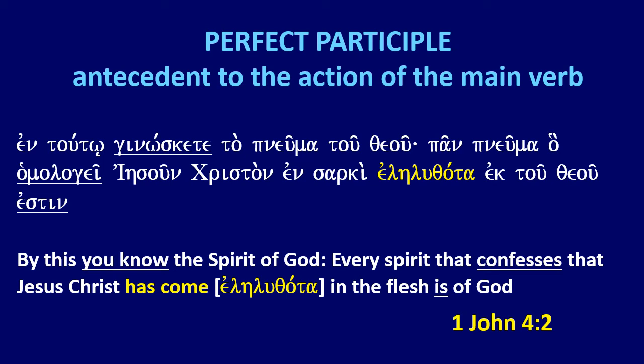And so clearly Jesus Christ's coming was prior to knowing, confessing, or his being in the flesh as a present situation when John writes in the first century, probably about 90 AD. Jesus had already come in the flesh prior to that, and the perfect tense participle brings that out.